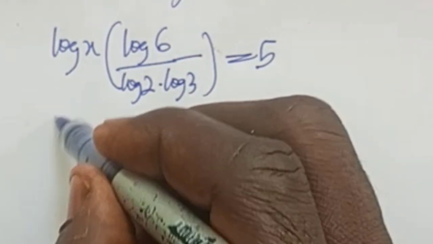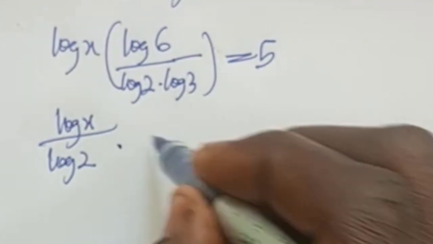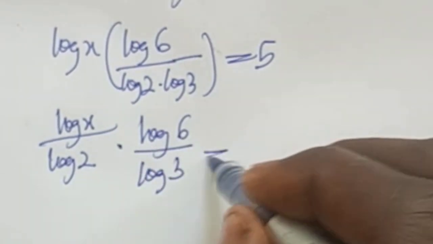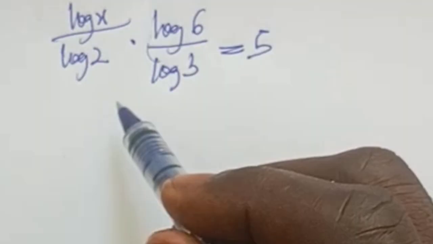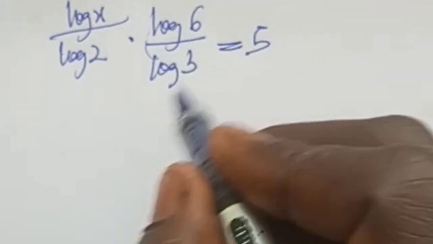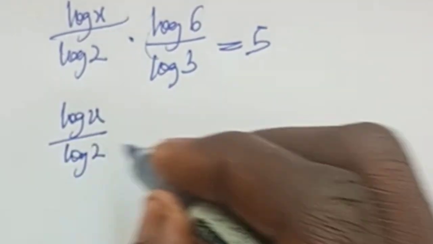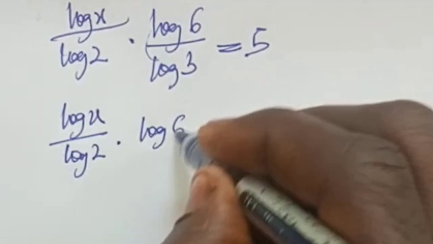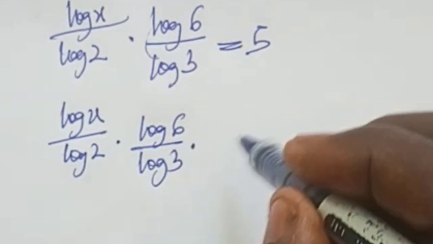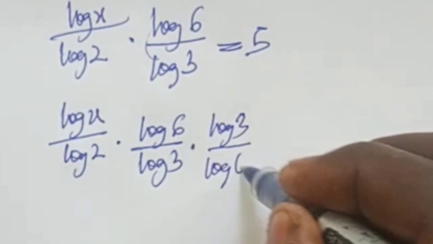We can rearrange the equation as log x all over log 2 times log 6 all over log 3, everything equals 5. So in the next line, we're going to eliminate log 6 over log 3. And to do that, it becomes log x over log 2 times log 6 over log 3 times the reciprocal of this, log 3 all over log 6.